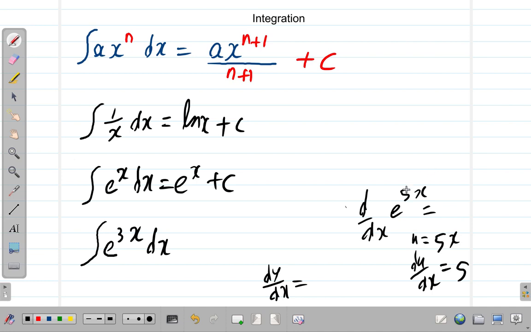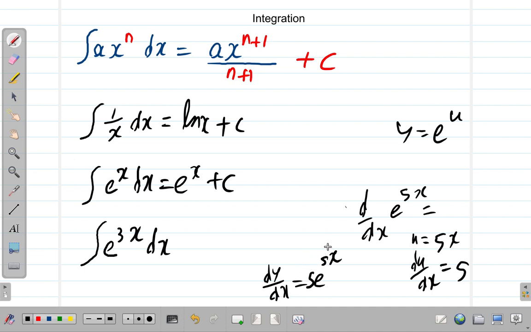In this case, y would be e to the u. So this would be e to the u. That's dy by dx is dy by du times du by dx, which is 5. Now, u, of course, is 5x, so let's change this back to 5x. Alright. So, we can put the 5 in front now and say the answer for this is 5e to the 5x. You multiply by this power.